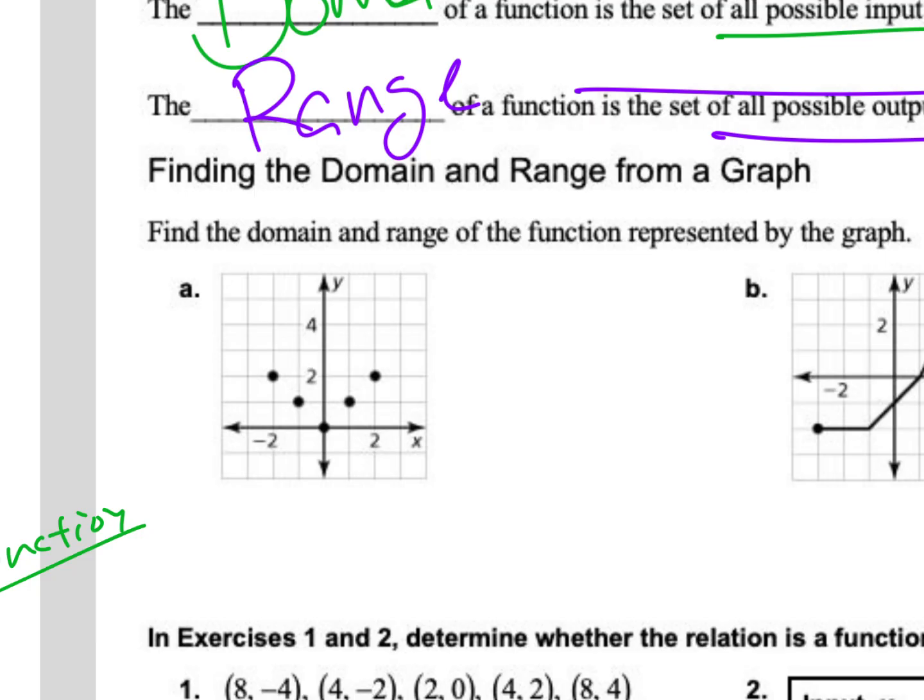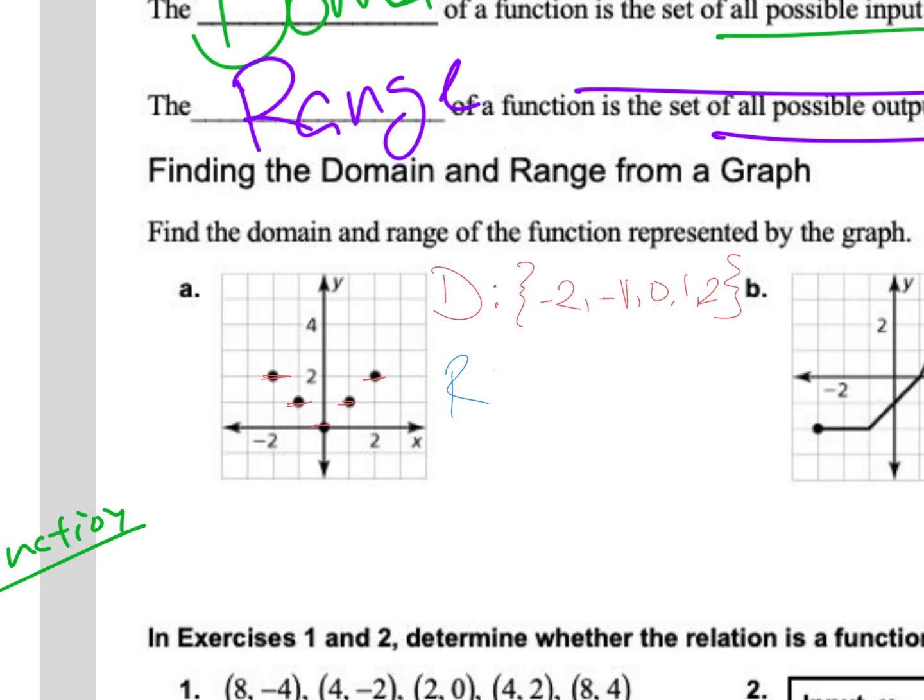Okay? Find the domain and range of the function represented by the graph. Okay, this one, here's how you find the domain. You look at just all the x values. So here x is -2, and here it's -1, here it's 0, 1, 2. That's the domain.